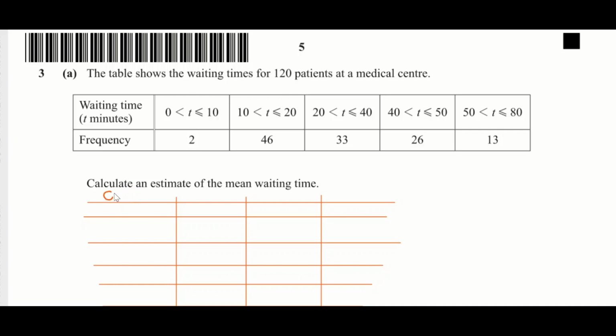This should be for the class interval. So we should already have here: 0 less than t less than or equal to 10, 10 less than t less than or equal to 20, 20 less than t less than or equal to 40.